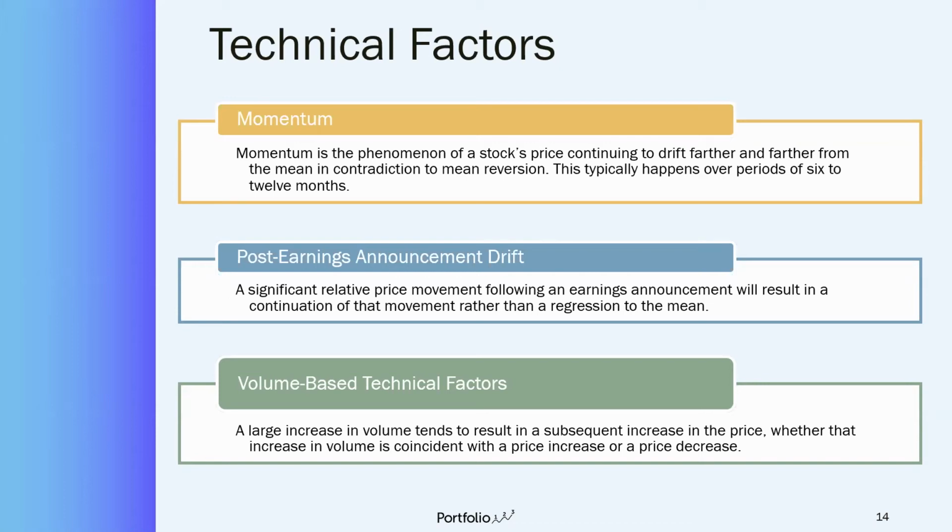Now, when designing momentum factors, I'd like to give you some advice. Don't take into account the most recent month. In other words, to measure 12-month momentum, use the price a month ago divided by the price 13 months ago. If you're using 6 month momentum, use the price 1 month ago divided by the price 7 months ago.